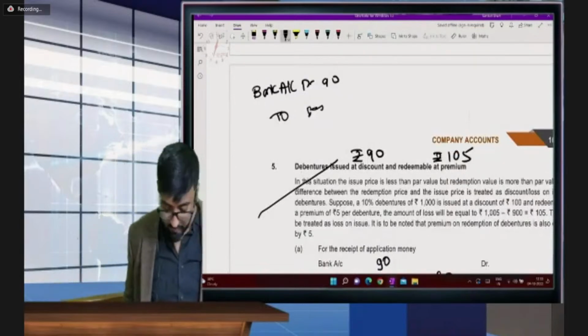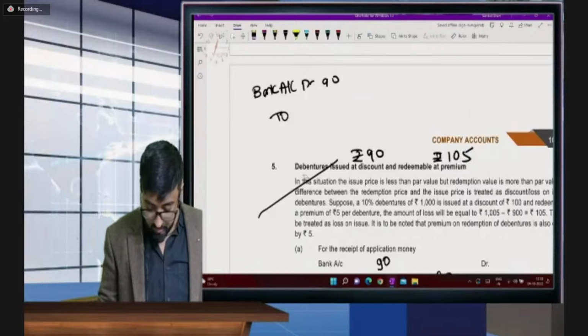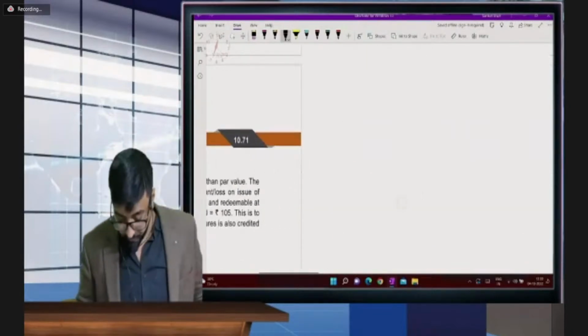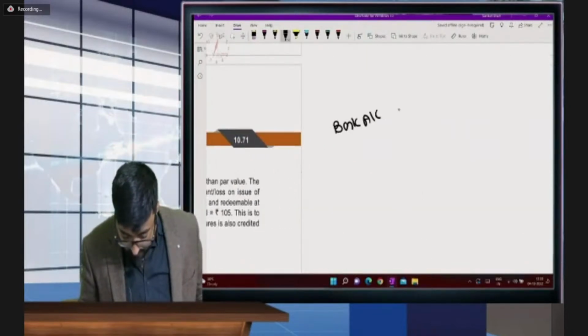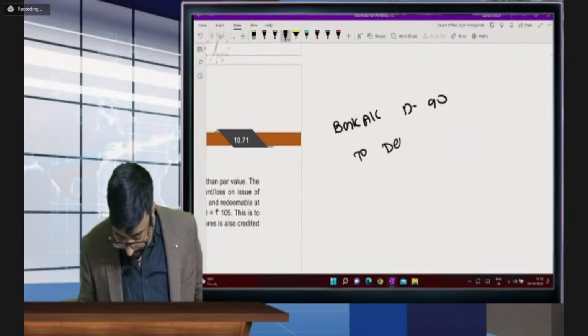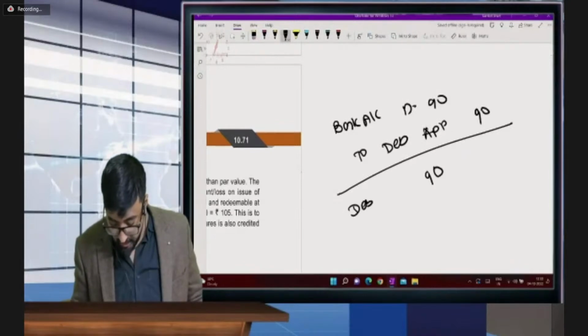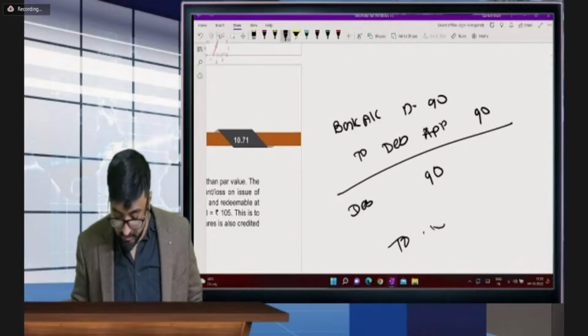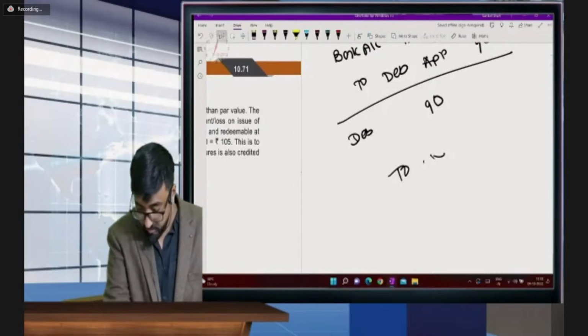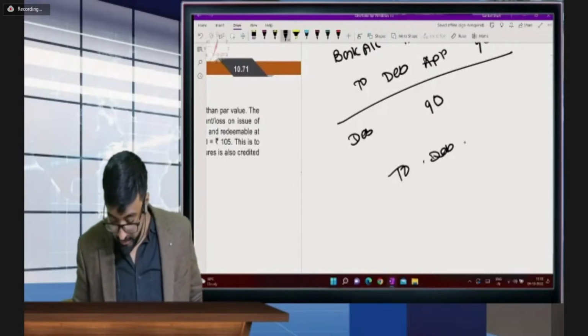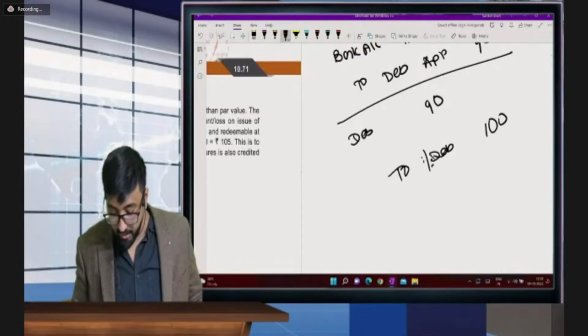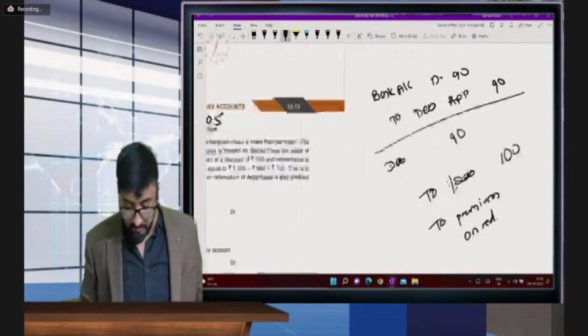Bank account debit 90 to debentures application 90. Second entry, debentures application 90 to debentures, always at 100, to premium on redemption.